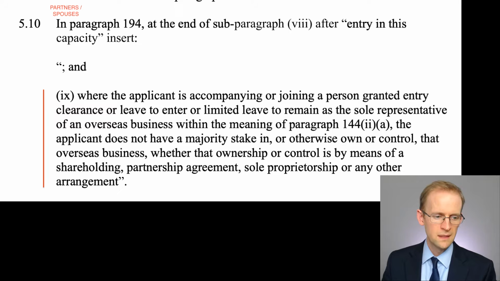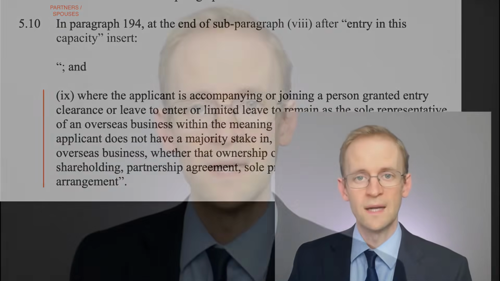So this would mean that your spouse wouldn't be able to have majority shares in the business. You can redistribute the shares between you and your wife, so that your wife had the majority shares in the business and you had the minority shares.